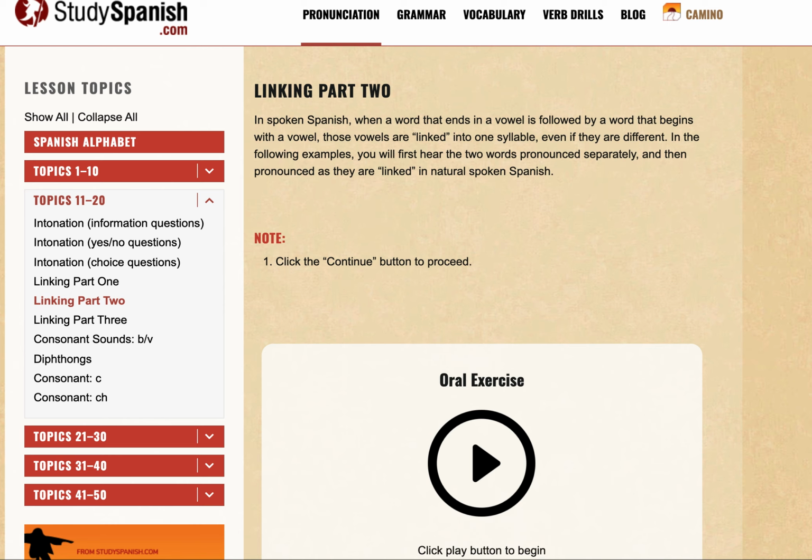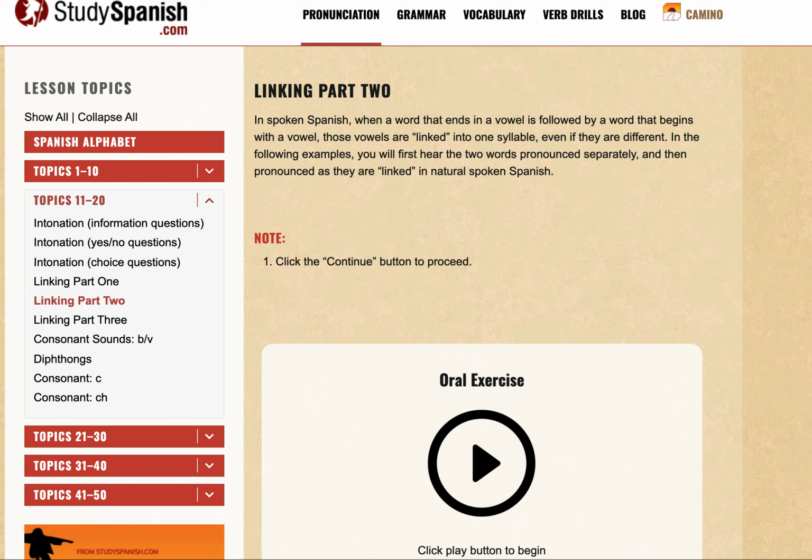where the last letter of the first word and the first letter of the second word, if they are similar, are linked and form one sound.